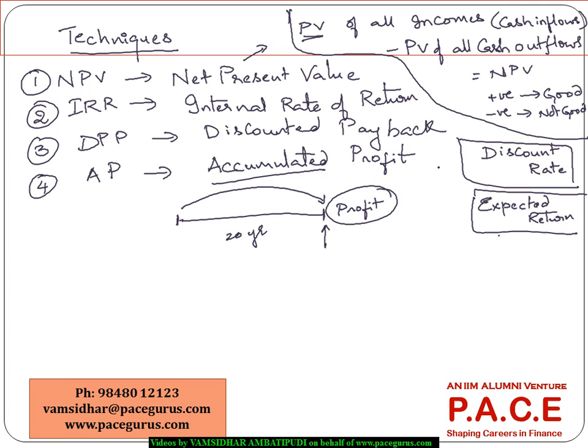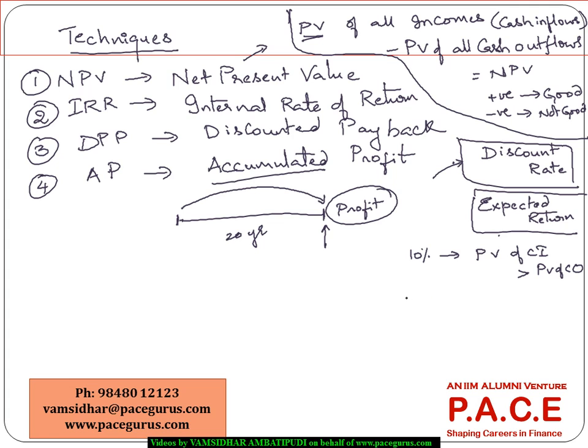Then the same logic extended a little more: if the discount rate is some x, it may happen that the present value of cash inflows is greater than the present value of cash outflows.